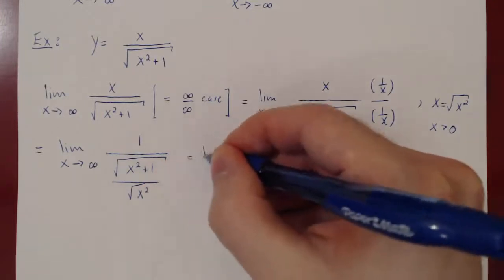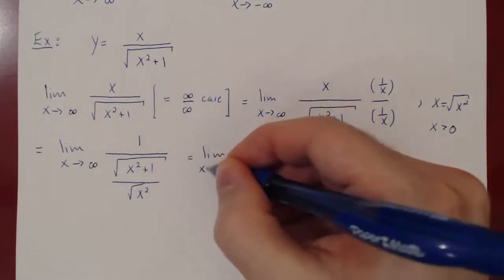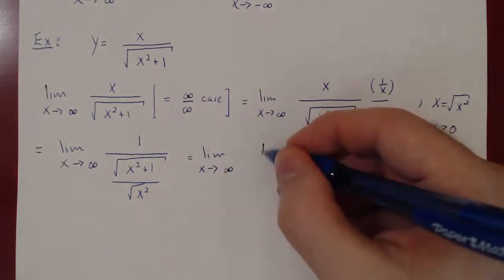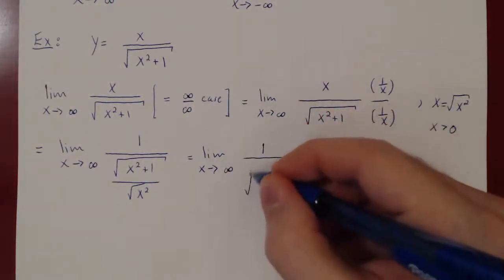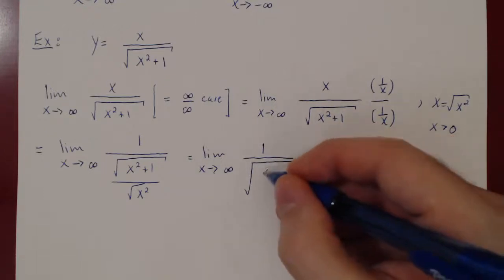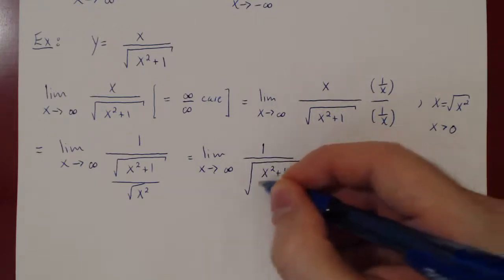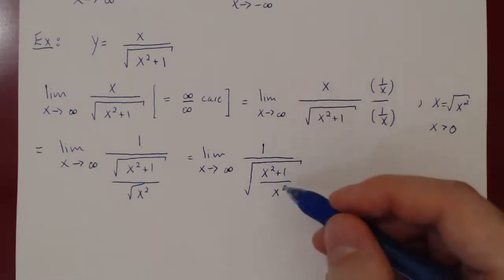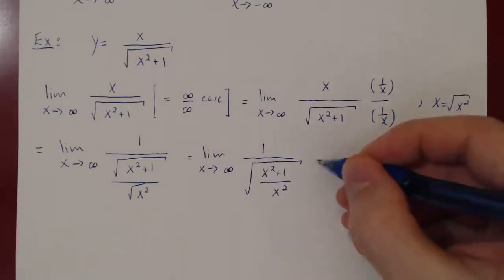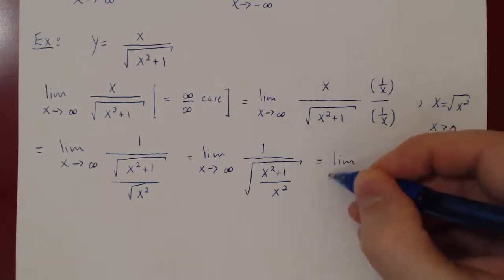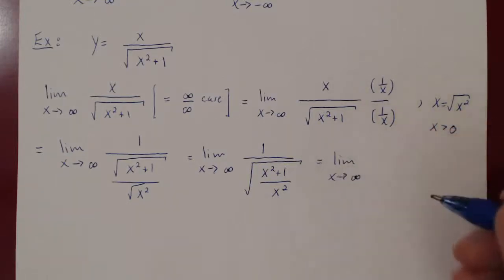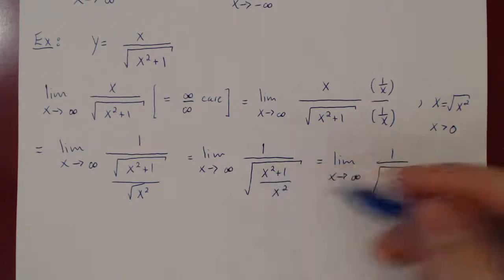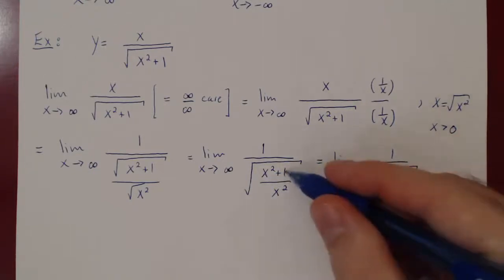We can use properties of the square root: the square root of a over the root of b is the root of a over b. We can divide across both terms by x squared, and we'll get 1 over the square root of x squared over x squared, which is 1, plus 1 over x squared.